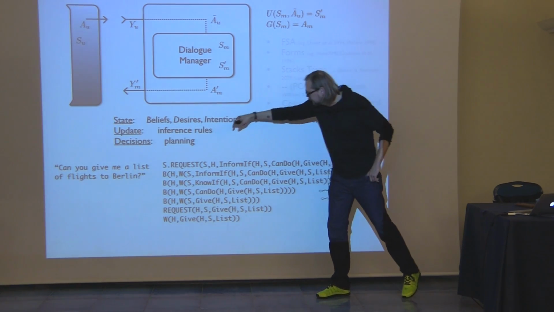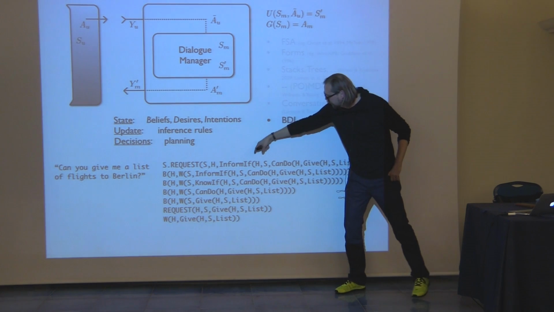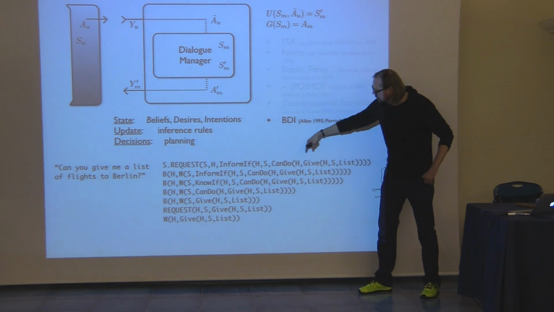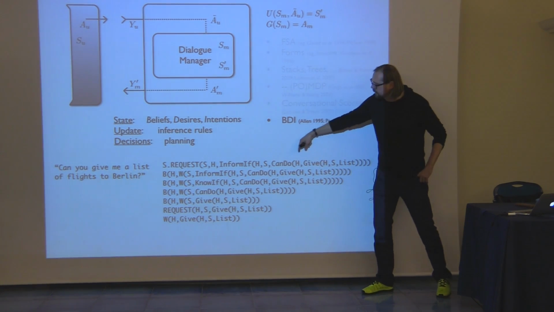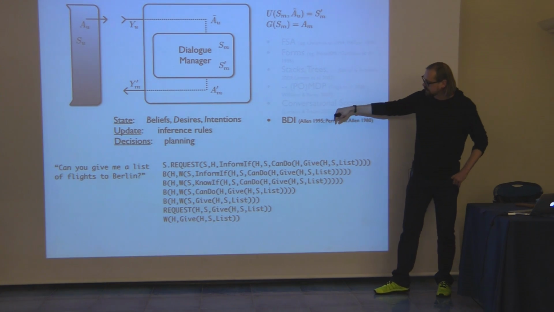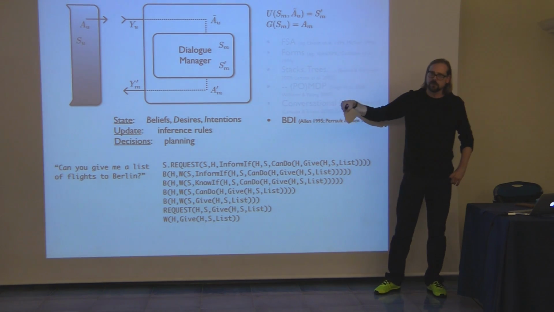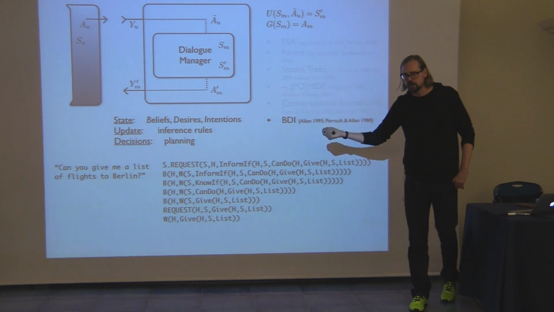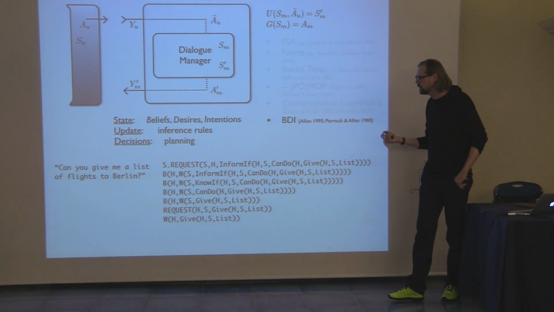I'm not going to go through all of this, but we go from something that looks on the surface like a request to be informed if you can do something, and then you need a principle that tells you that often if someone wants to know if you can do something, they want you to actually do the thing that they're asking you whether you can do.